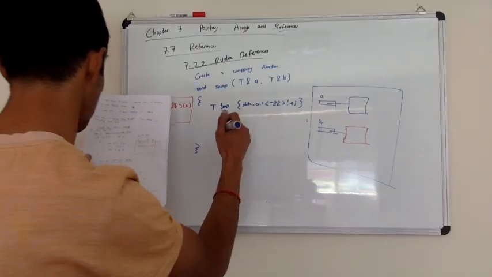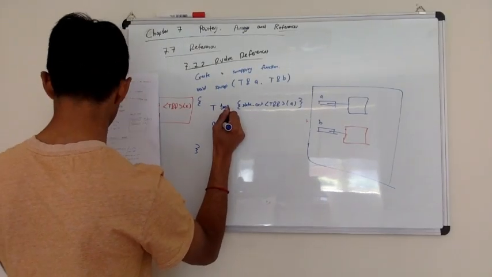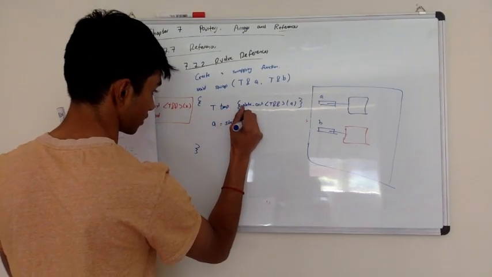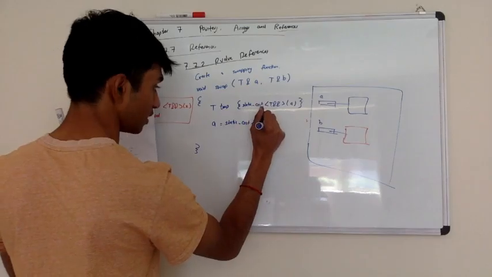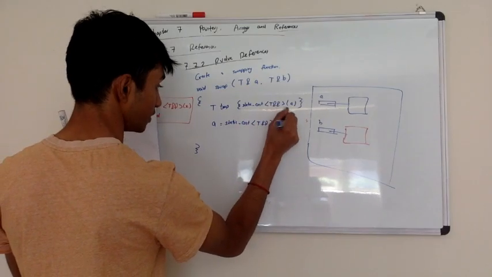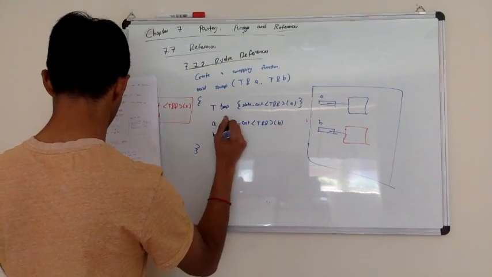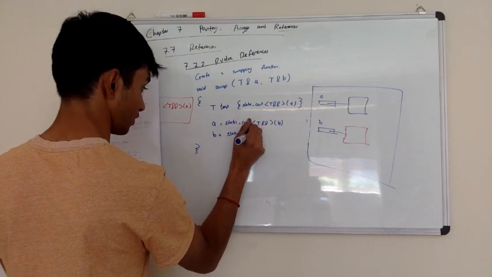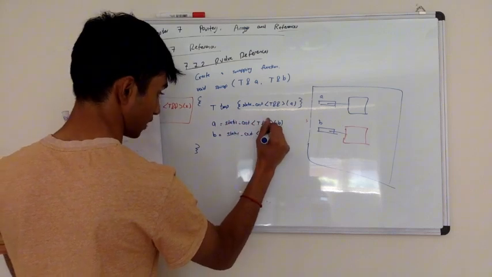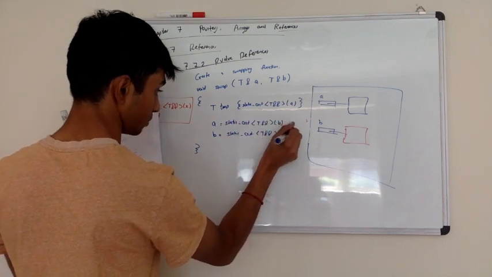Well, I'll just finish off right here. Then we say A equals static cast T ampersand of B. And then we say B equals static cast T ampersand of temp.